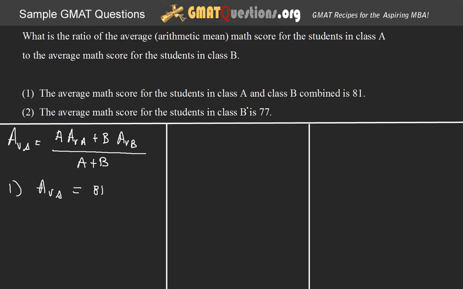The question really is to find AVA over AVB, and this is what we need to find. As you can see, even if we put 81 here, we have way too many unknowns. There is no way to find the actual ratio. You can waste your time trying to figure it out, but there is no way to simplify this, and we have a bunch of unknowns. So it should be clear to you that number one is not sufficient.